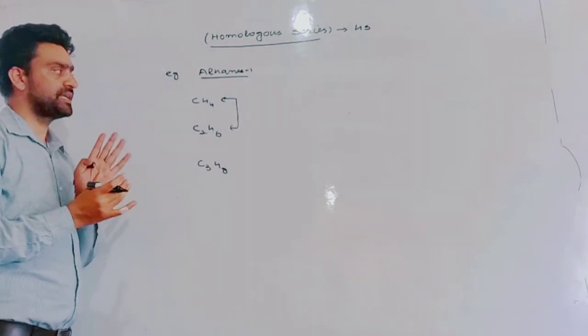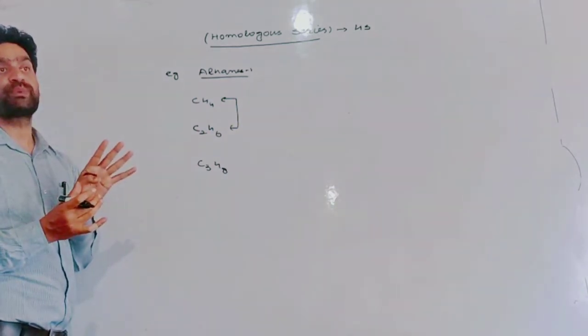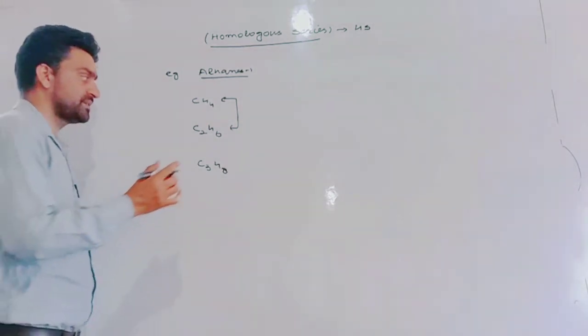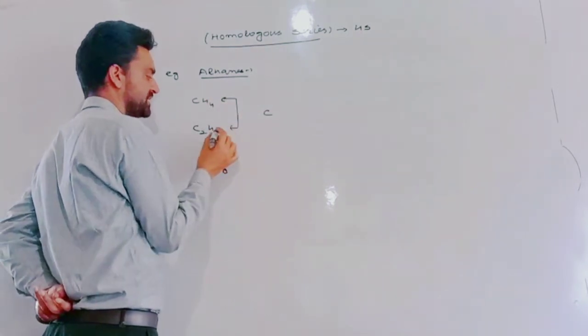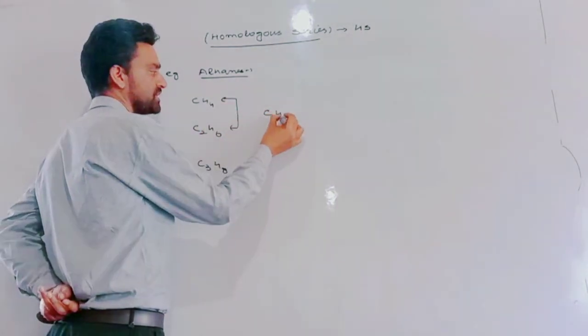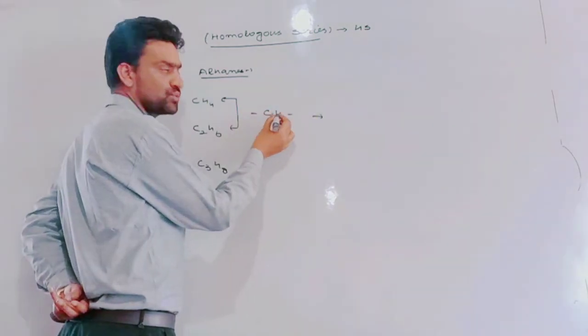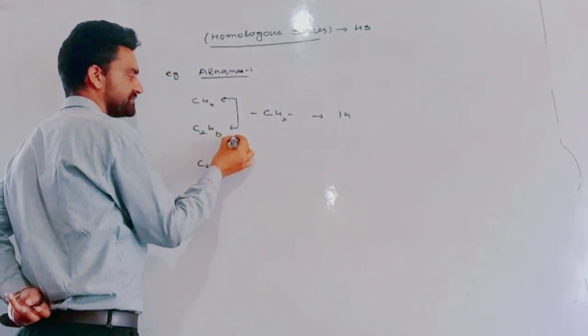Each member of homologous series, or the two consecutive members, must differ by CH2 or 14 mass unit. What is the difference between them? 2 carbon, 1 carbon, it is 1 carbon. 6 minus 4, is it CH2 unit? Yes. Or atomic mass is 12 plus 2, it is 14 mass unit. Clear?